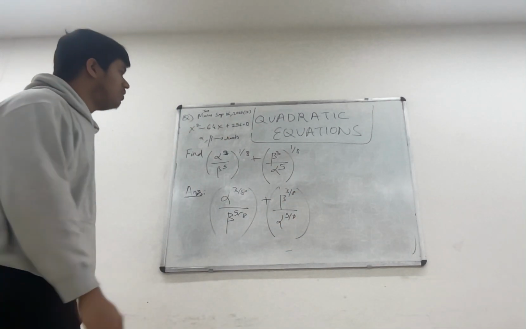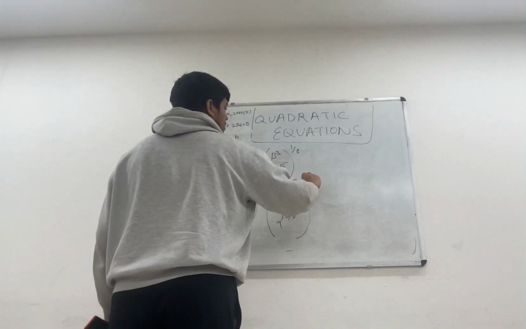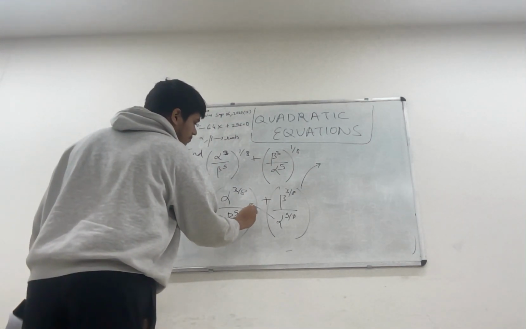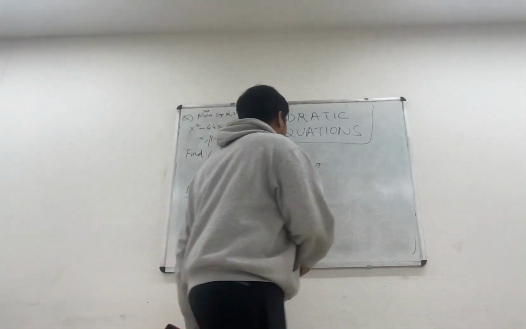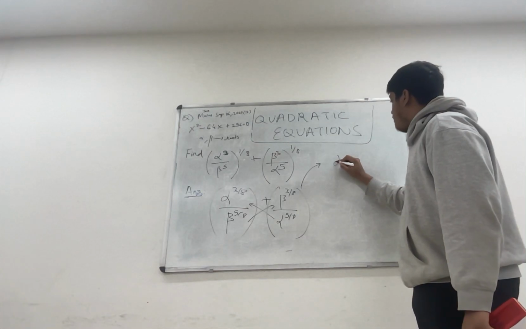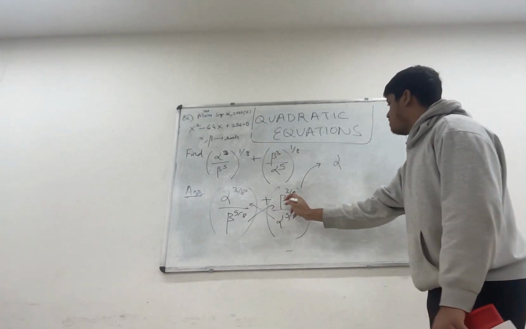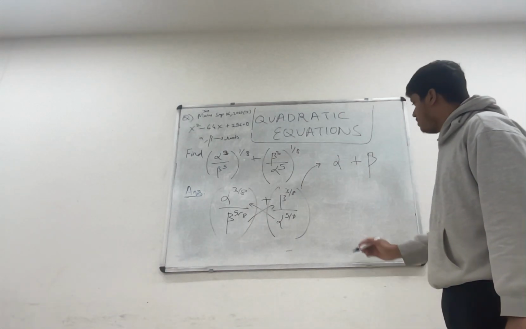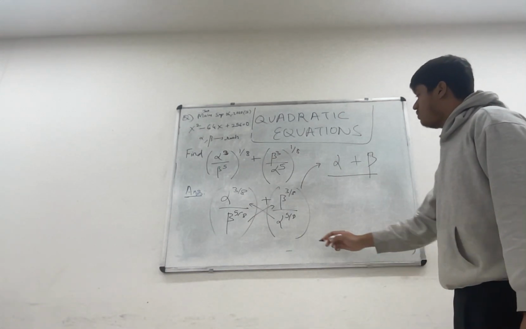Easy. Now we will take this one step further. Cross multiply. So what do you get? You get alpha plus beta in the numerator, I hope you can do that math.